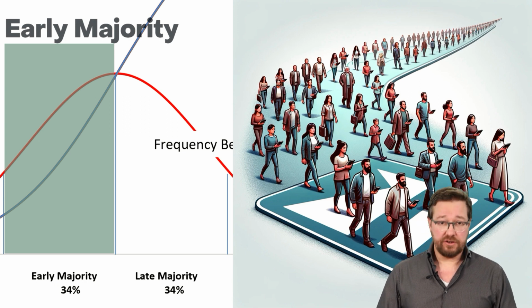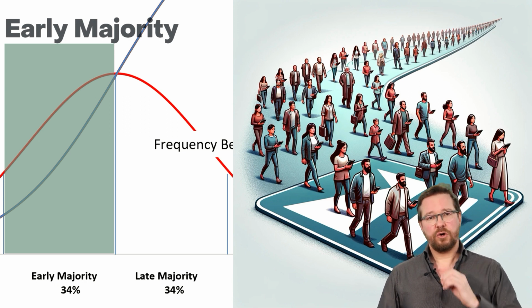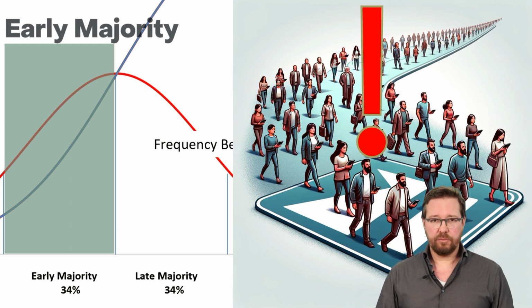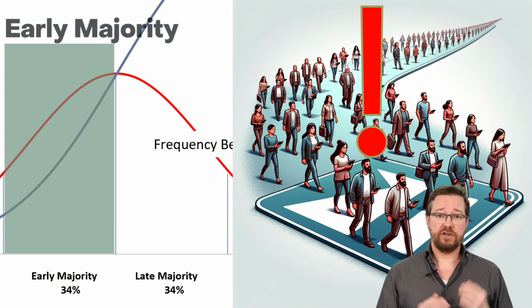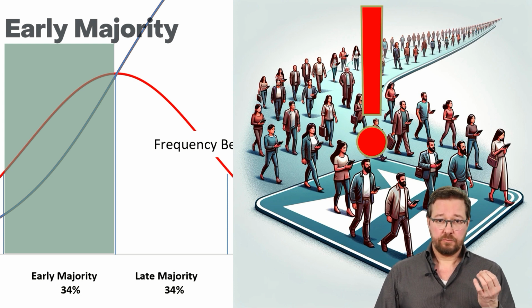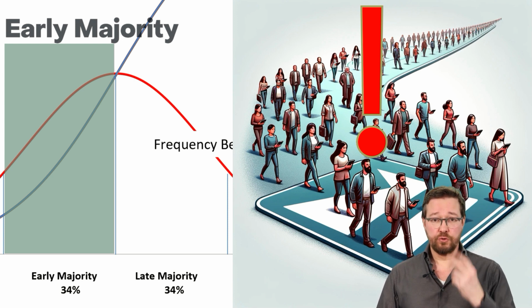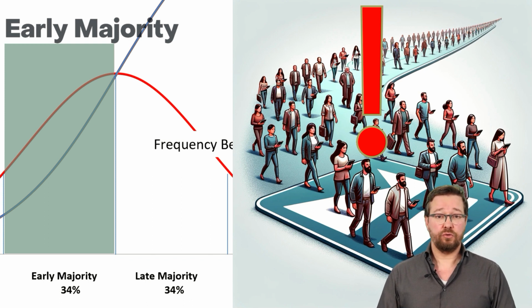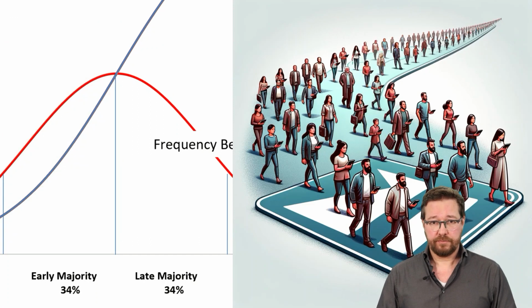Which brings me to a side note. This is most likely the most challenging phase for any startup because during this phase your company needs to do two things. One, scale, which is a vast challenge in itself, and two, start with the introduction of your next product or start entering into new market segments.